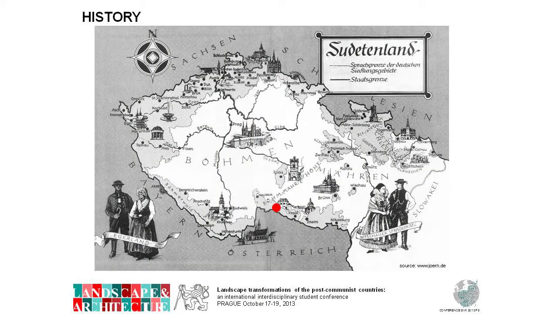As you heard, the whole borderland is called Sudetenland because since the 13th century the Czech kings were inviting Austrian and German people to settle in this borderland area because it was still abandoned, and the kingdom needed to make economic profit from those remote areas.